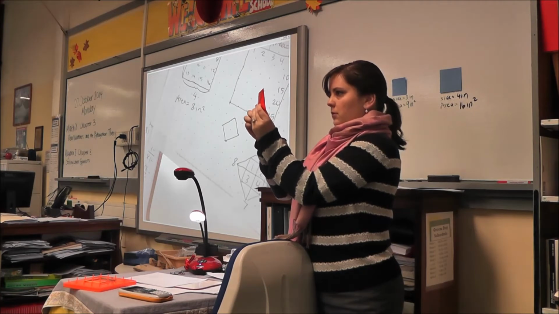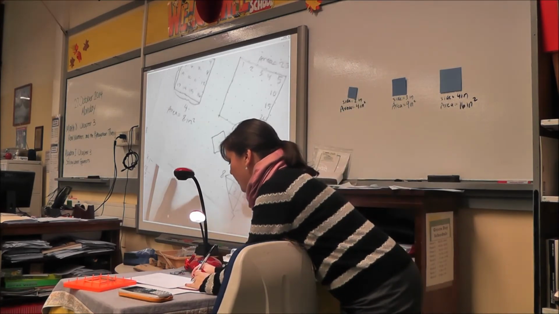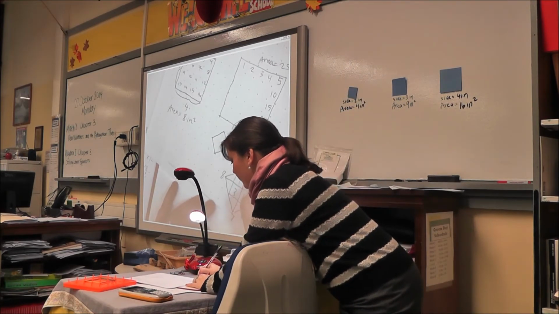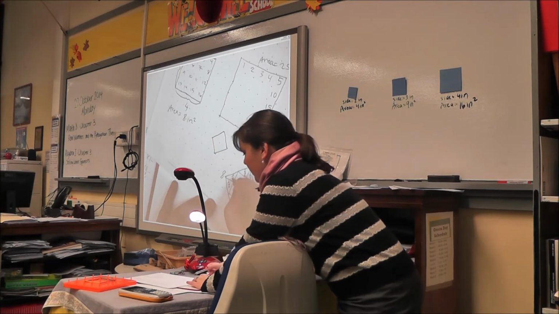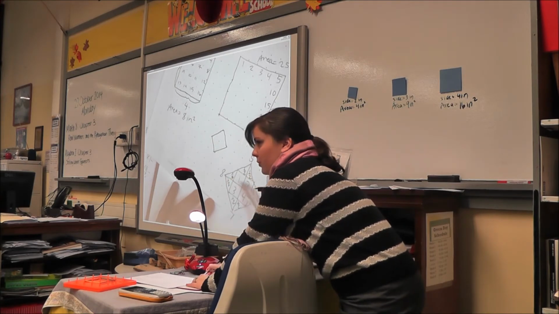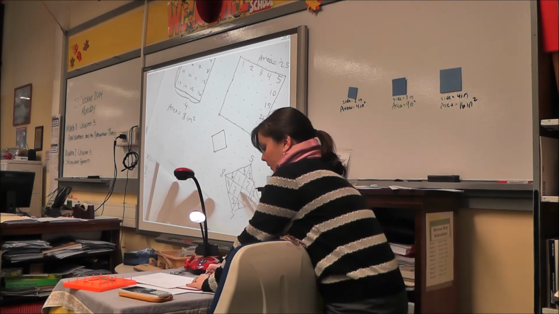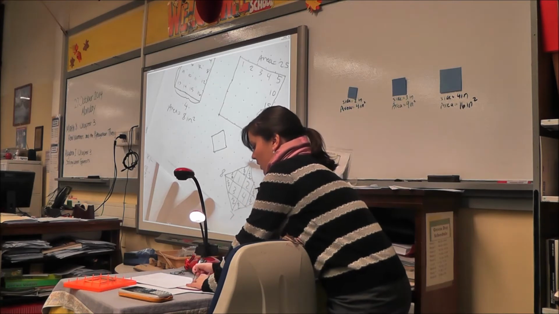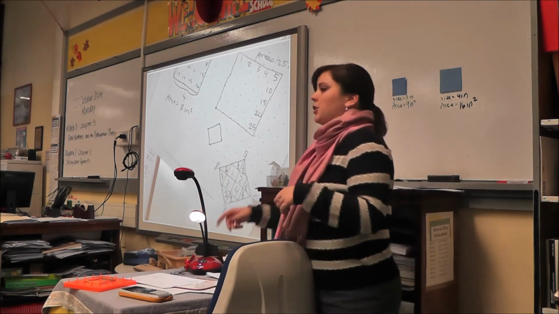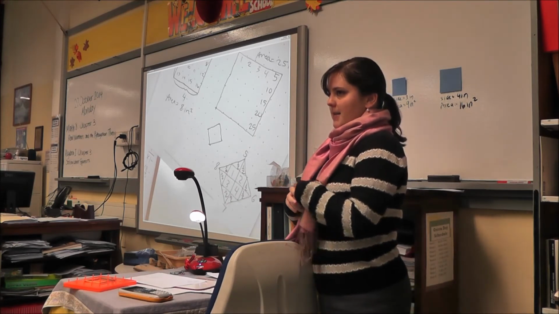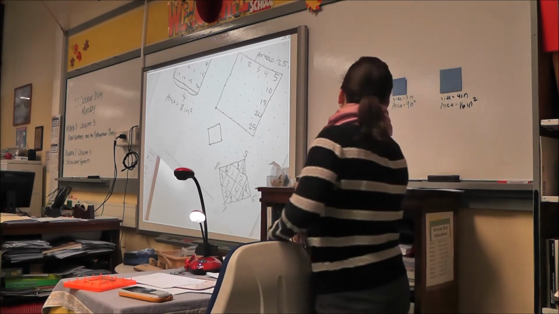So do you see that this is 1/2, 1/2, 1/2, 1/2, 1/2, 1/2, 1/2, 1/2. And like Ariel said, they add up to 1. So here we have 4 whole squares. So that's 4 inches squared, plus 1, 2, 3, 4. So we have 8 inches squared. Yeah? Okay.